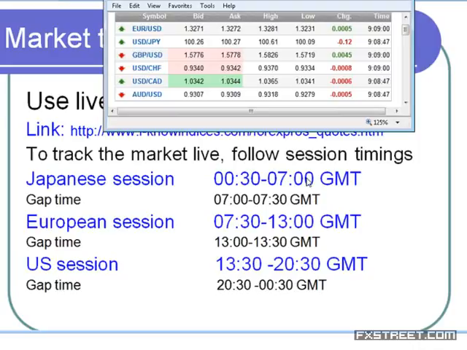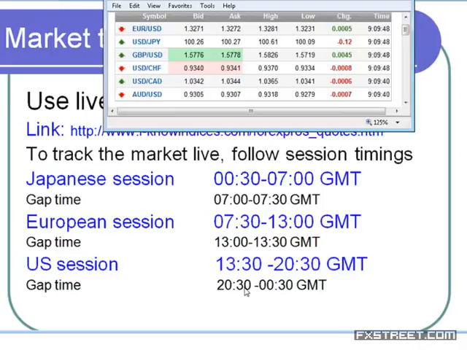The players try to make use of that time to make a false move or the stop in the market. Then again, between the European and the US session there is a 13 to 13:30 GMT gap time. That time also the orders do not flow in, and the players try to make the false move and also the stop and move.